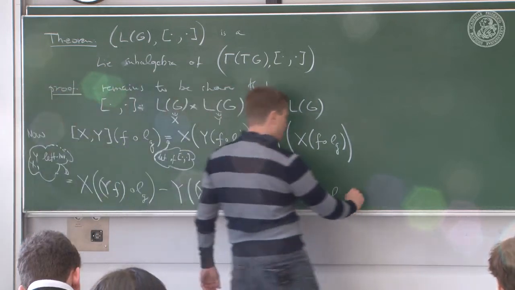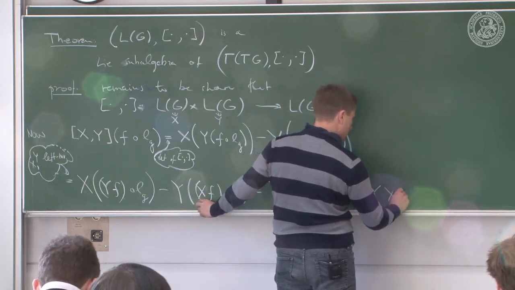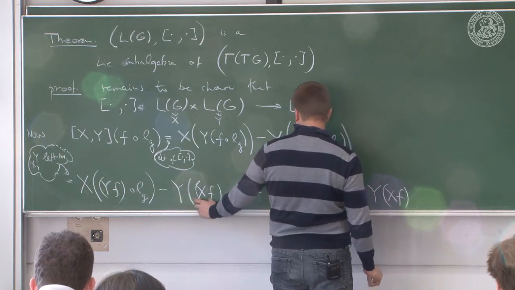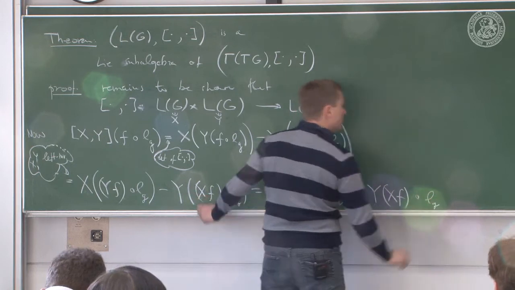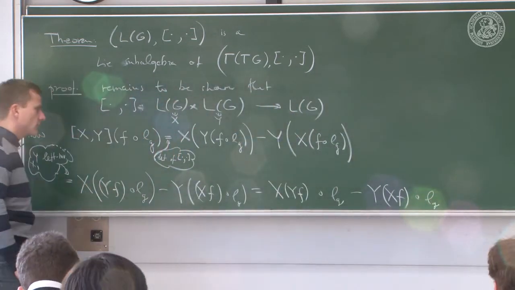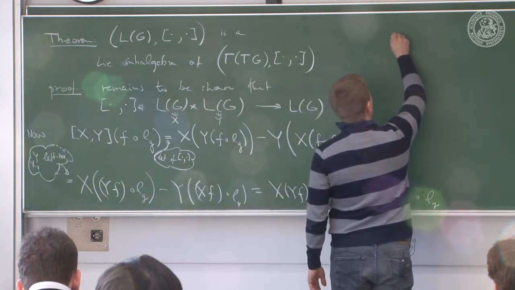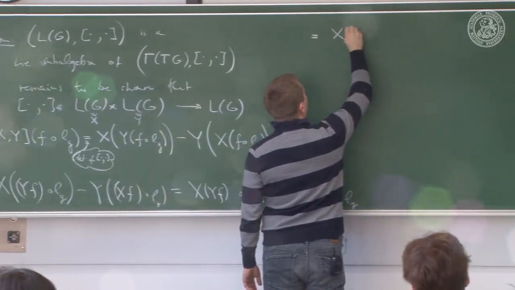The same is true here. Minus y, I let it first act only on the function, xf, which is only justified because y is left invariant. And only afterwards I compose with Lg. Right? Aha.